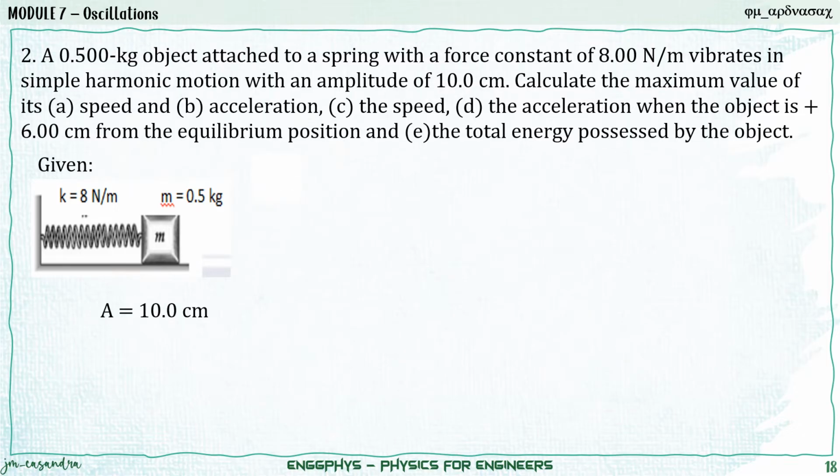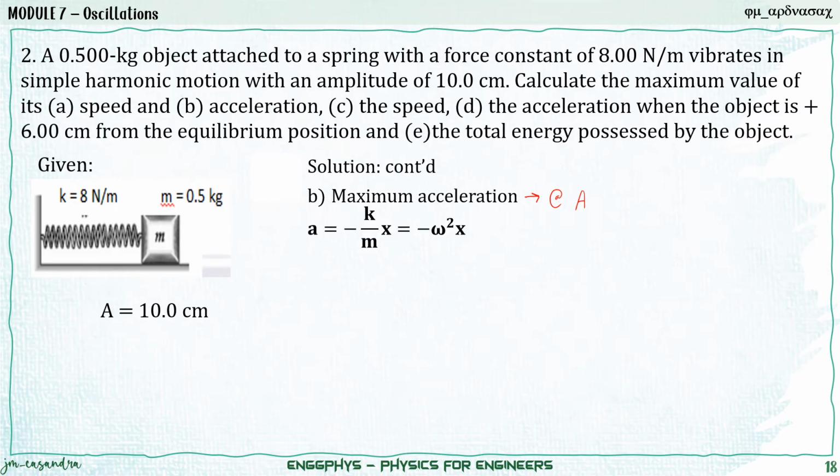So we move to letter B, our maximum acceleration. Maximum acceleration happens when our object is at the amplitude. The general equation for acceleration is a is equal to omega squared times x. We have computed already for omega, which is equal to 4 radians per second. If we are at the amplitude, then x here is equal to the amplitude.